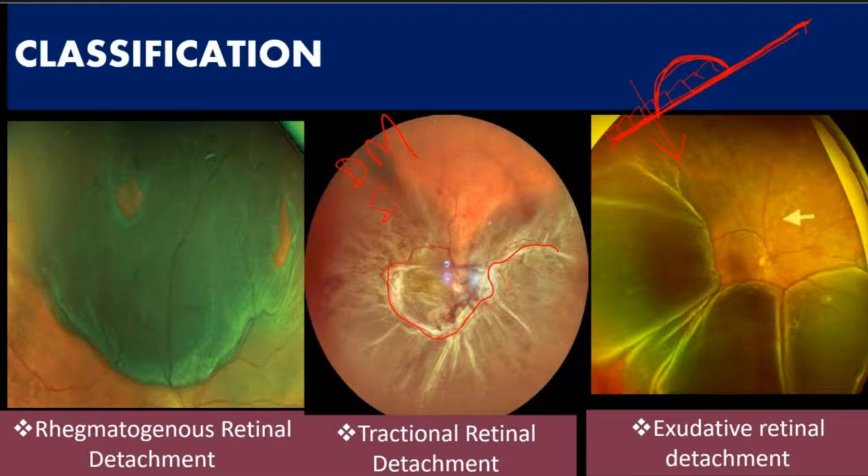The fluid in this case is known as exudative fluid or exudates, and therefore this sort of retinal detachment, because of those exudates accumulating within the subretinal space, is known as exudative retinal detachment, right? Again, there are a variety of reasons why you can get exudative retinal detachment, but broadly you can have inflammations, neoplasms, and also sometimes drug toxicities. All right.